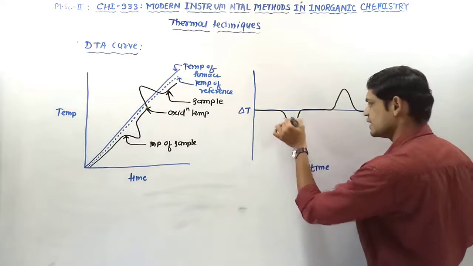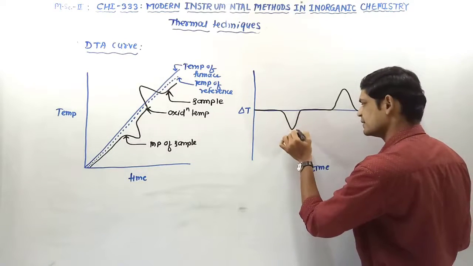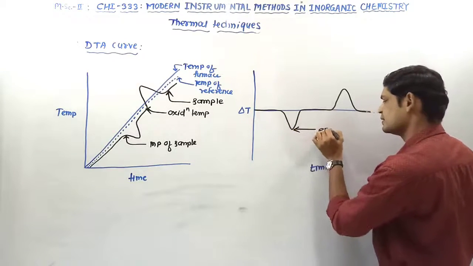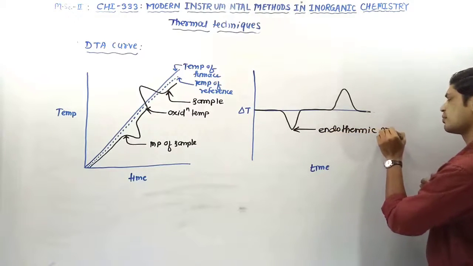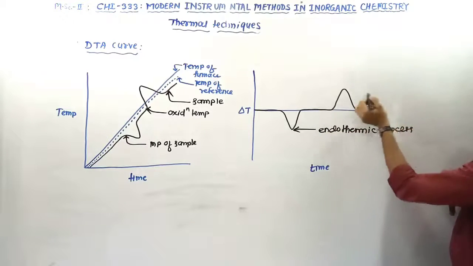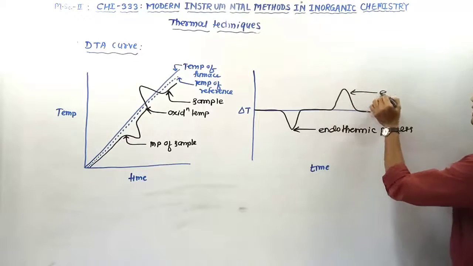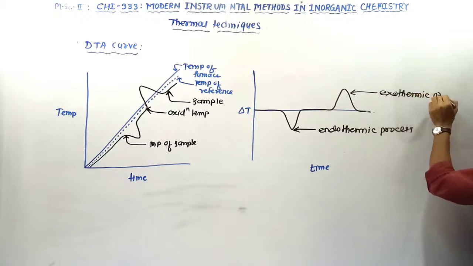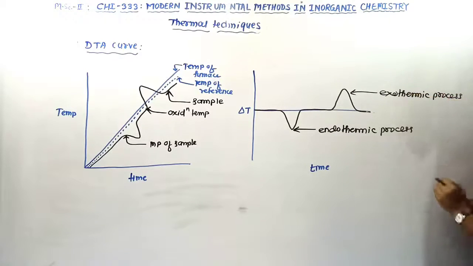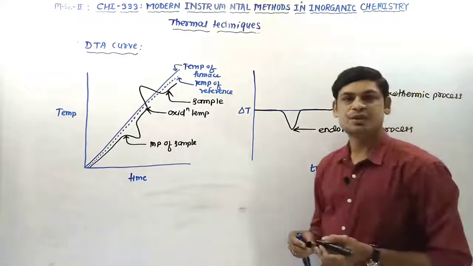So what is this? A downward peak is nothing but the endothermic process. And this is the upward peak, it means the exothermic process. This is your exothermic process.